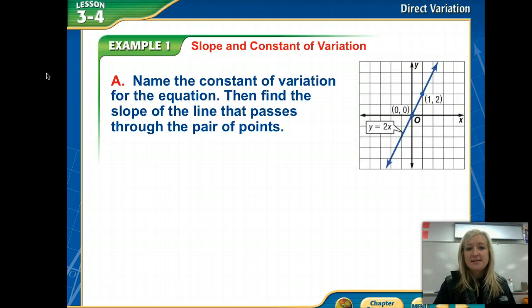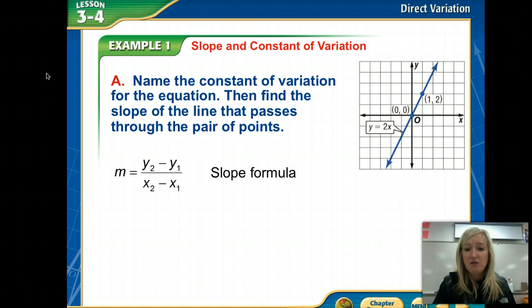Example number 1, slope and constant of variation. Notice how it says slope and constant of variation because technically they are the same thing. Name the constant of variation for the equation, then find the slope of the line that passes through the pair of points.